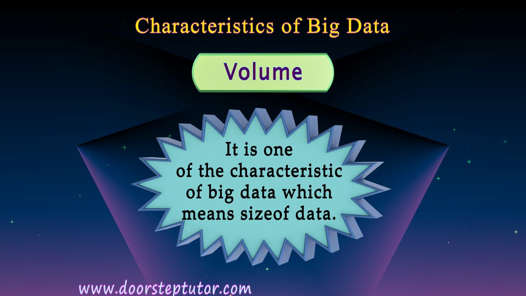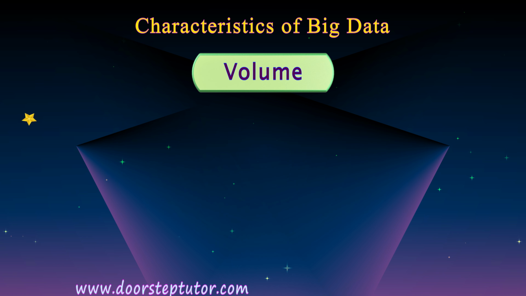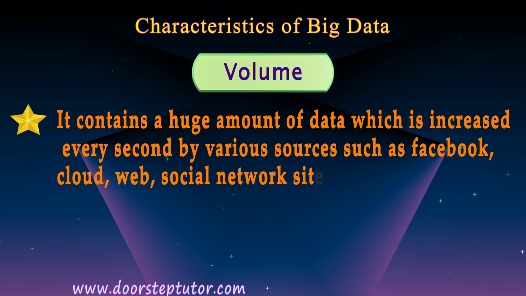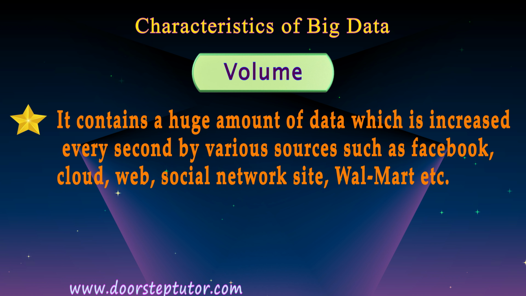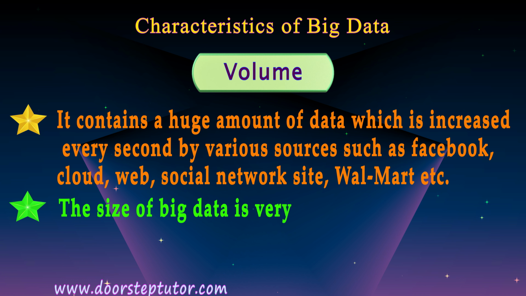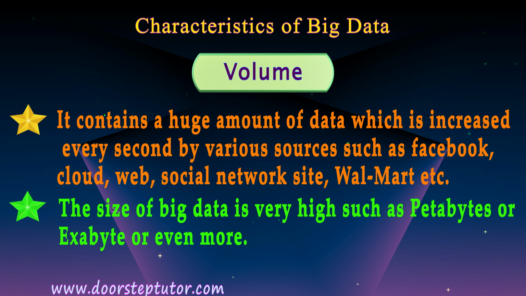Volume means the size of data. According to the requirement of the client, we must have the capacity to control a large amount of data according to our website or social networking or any business activity. It can be stored in the form of petabytes, exabytes or even more.